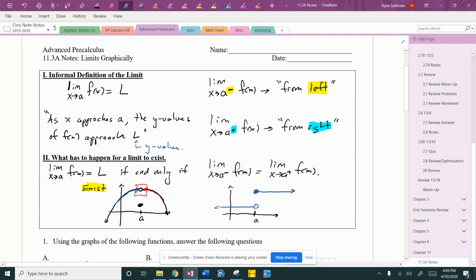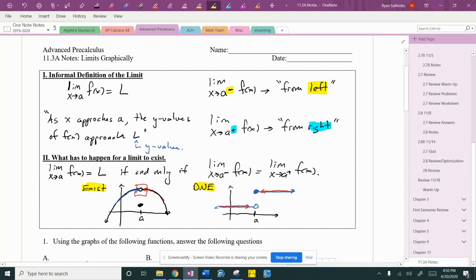So we can see for this function, as I approach a from the left, and as I approach a from the right, I'm headed towards different y values, whatever these are. Maybe this is 1 and this is 3. Those y values do not match. Therefore, we would say this limit does not exist, and you can just write DNE.